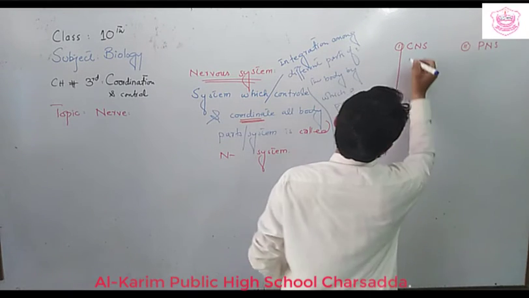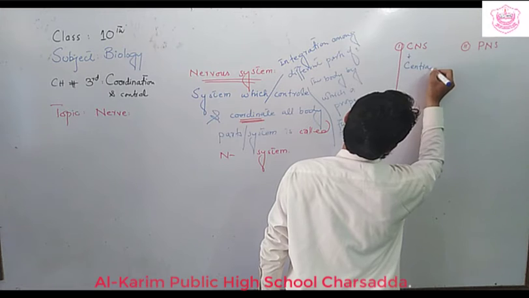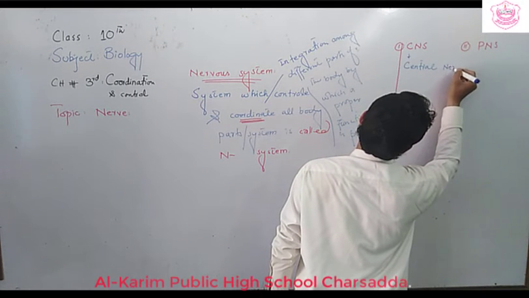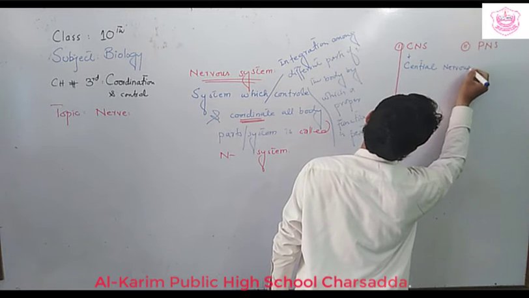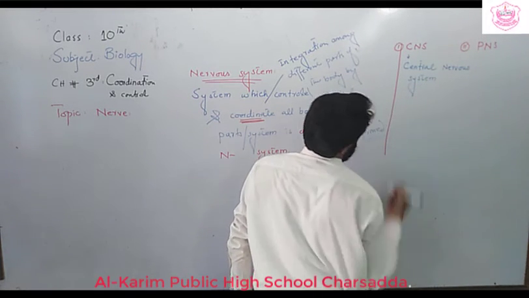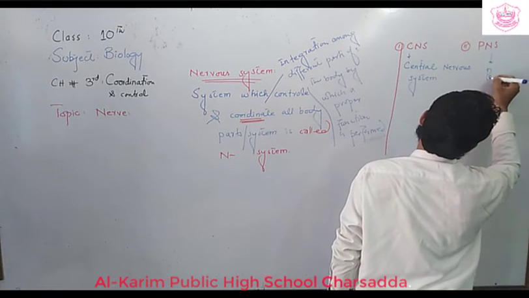CNS means central nervous system, while PNS means peripheral nervous system.